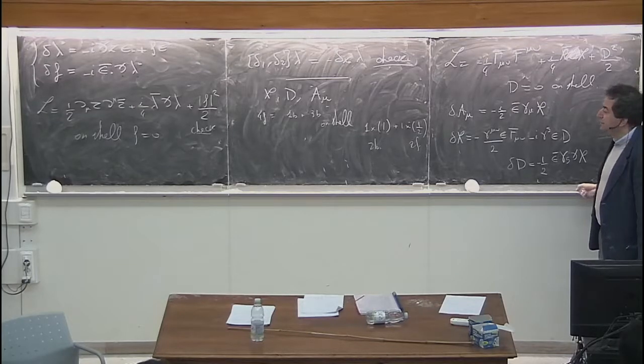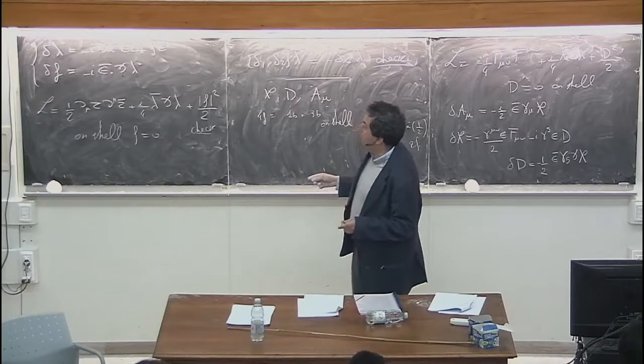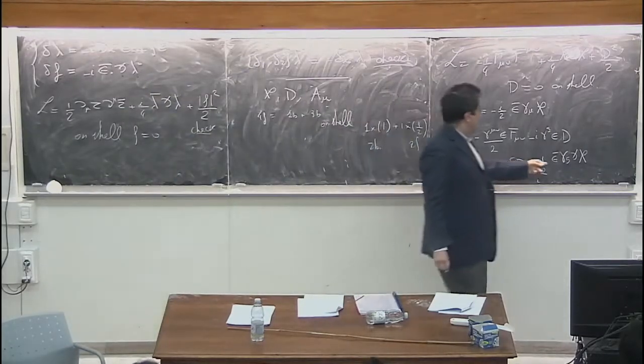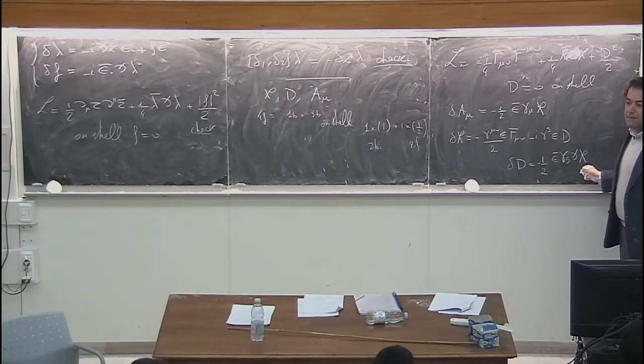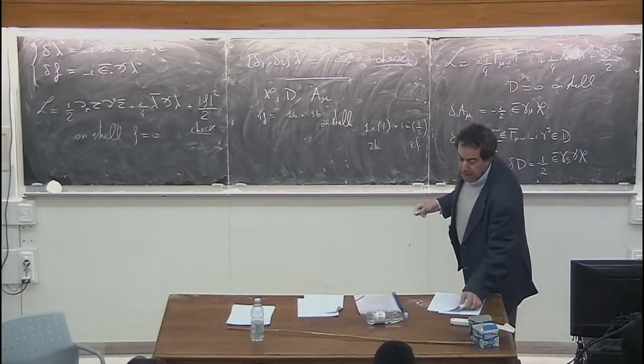And it is a general property of these auxiliary fields, F and D, that their supersymmetry variation is a total derivative. You see, this is a total derivative because epsilon is global now, it is constant.